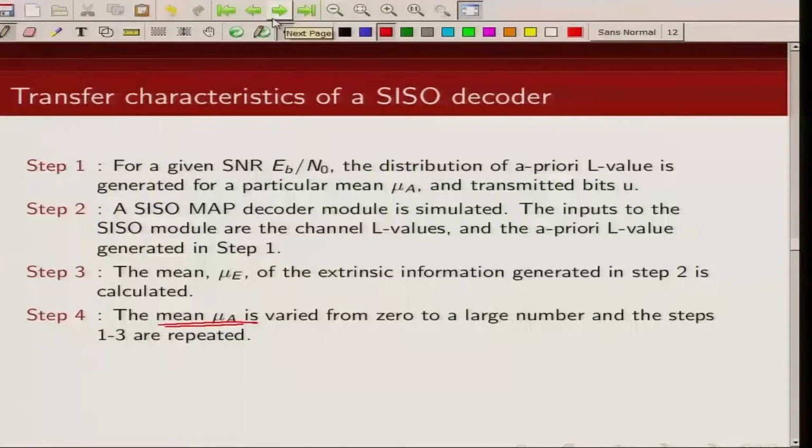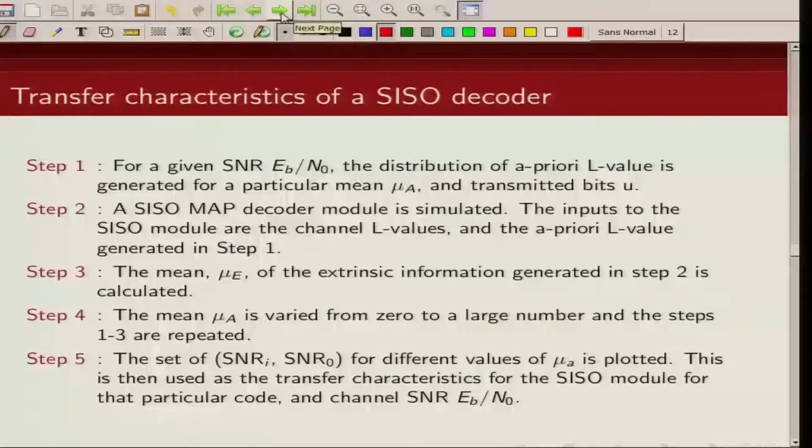So, this process is done. We repeat this by varying our a priori information mean, and finally, we plot this input output relation for a particular channel SNR.